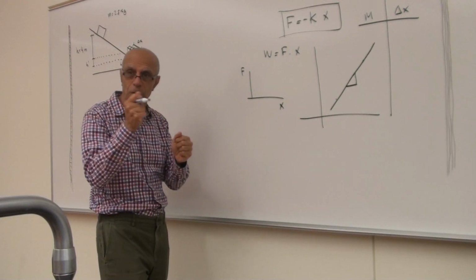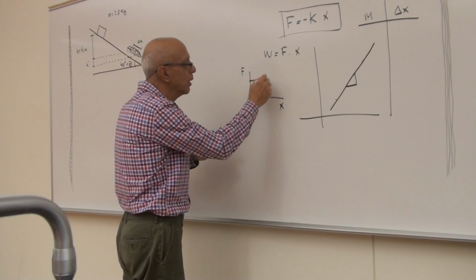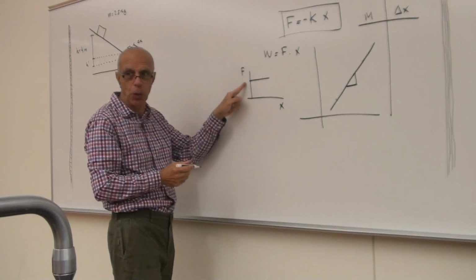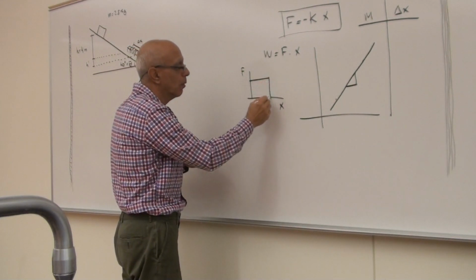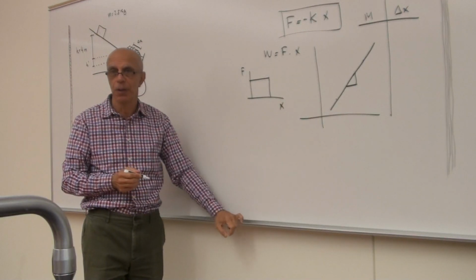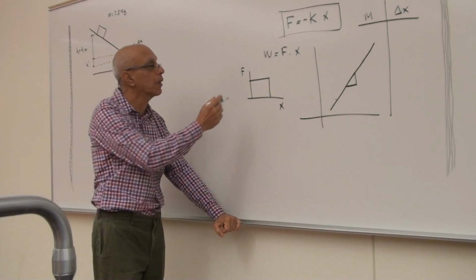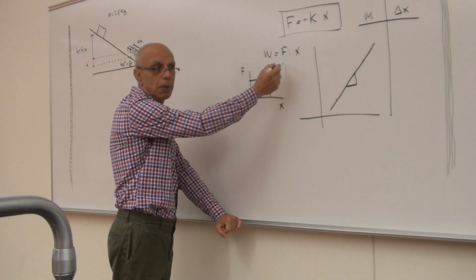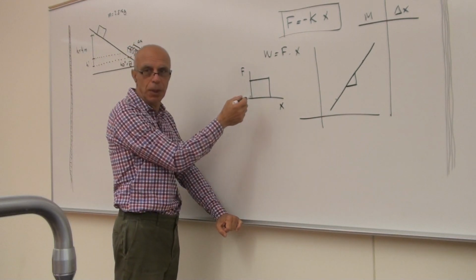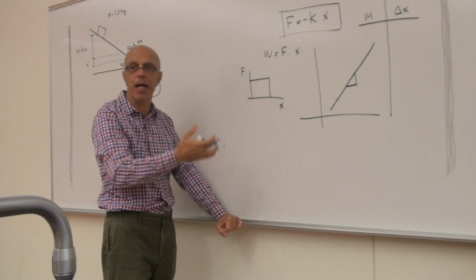If I'm applying a constant force, I'm moving this thing up to a certain point, but the force is constant. So what is the work on a graph of force versus displacement? It's force times what? Displacement, right? So geometrically on the graph, what is F times x?